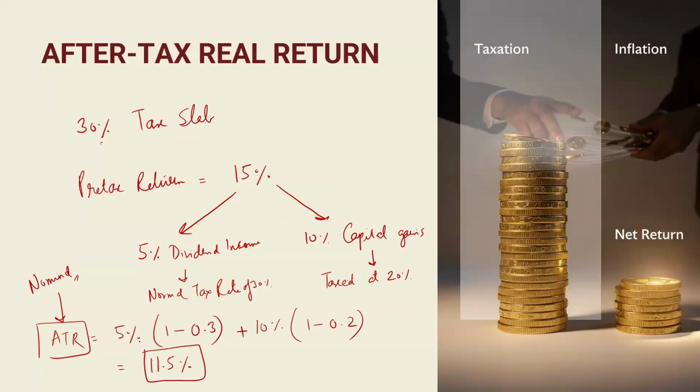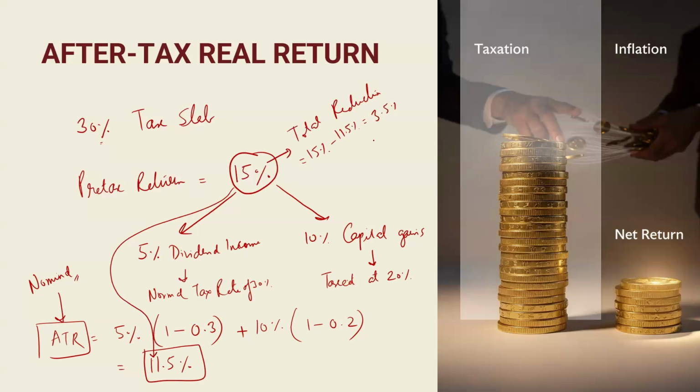If you compare it with the pre-tax return of 15%, a total of 3.5% has been wiped out from the gains. I'm just telling you the difference in percentage points: 15% minus 11.5% is 3.5%. Now, in percentage terms, how much percentage is wiped out?